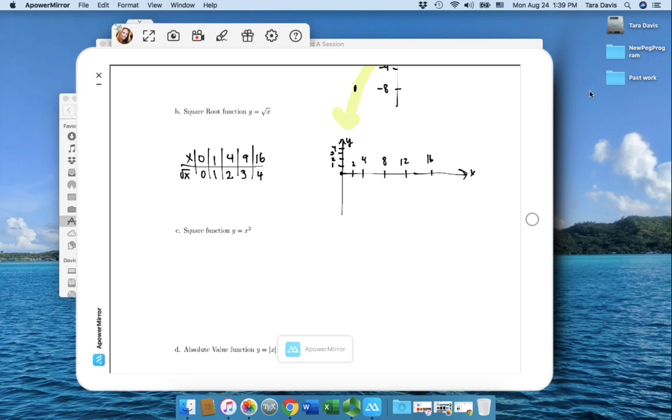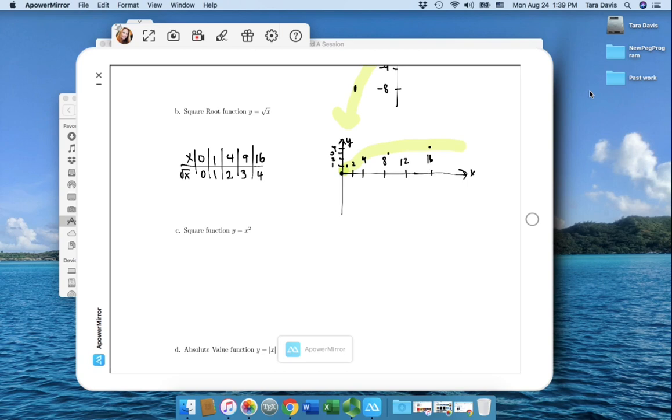So I have 0, 0; 1, 1; 4, 2; 9, 3; and 16, 4. If I was just making a rough sketch of what this function looks like, it looks like that.